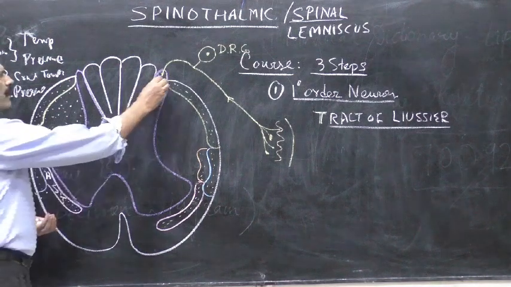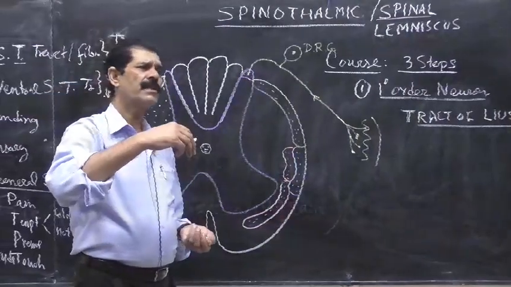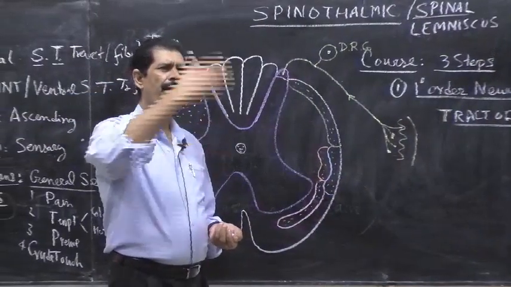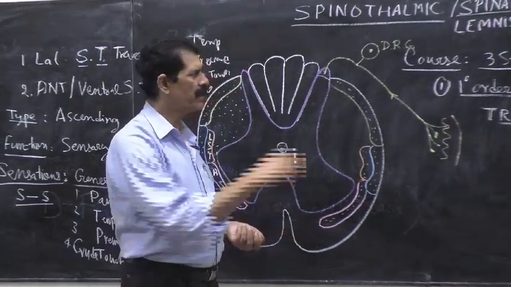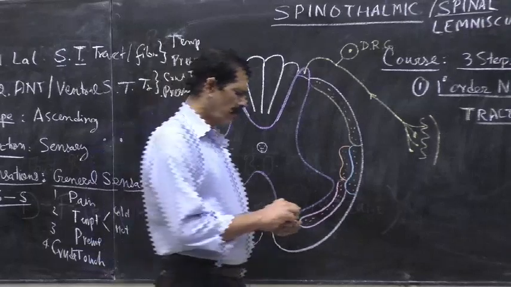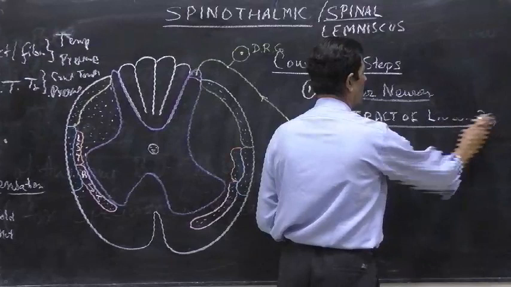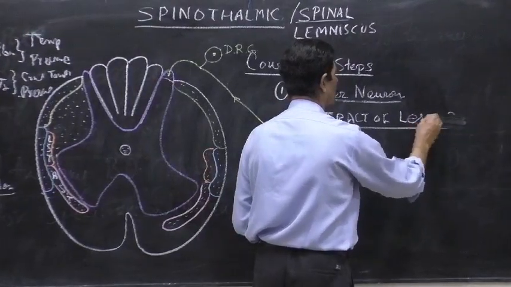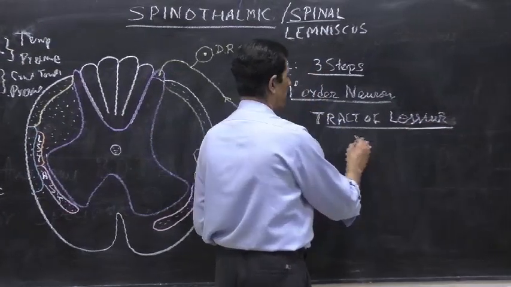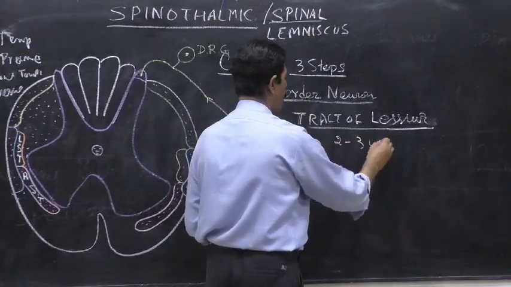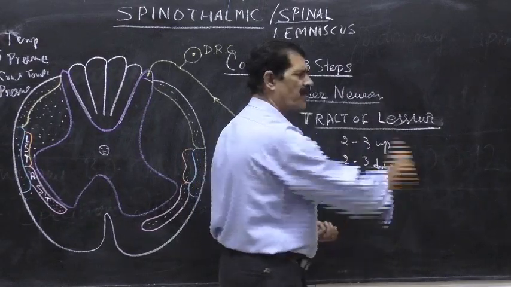After that, these nerve endings will go 1 or 2 spinal segments up or 1 or 2 below. So in the tract of Lissauer, they may go 2-3 steps up or 2-3 steps down, the spinal segment.